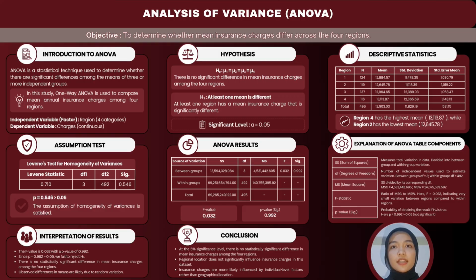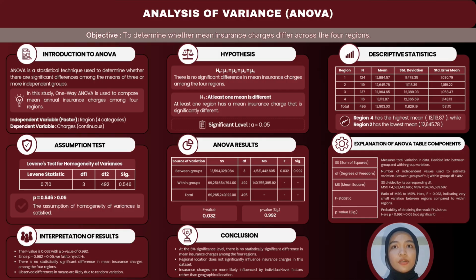Before conducting ANOVA, Levene's test was performed to check the homogeneity of variances assumption. The p-value obtained was 0.546, which is greater than 0.05. Therefore, the assumption was satisfied and the ANOVA analysis could proceed.